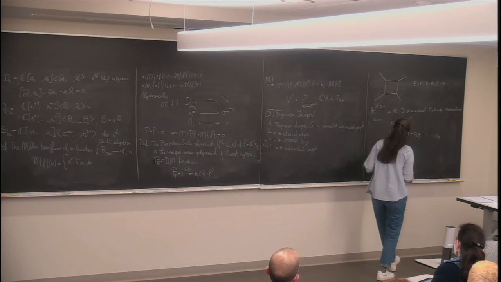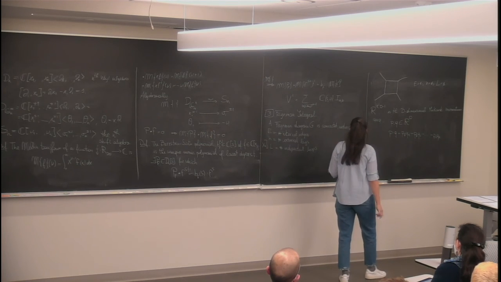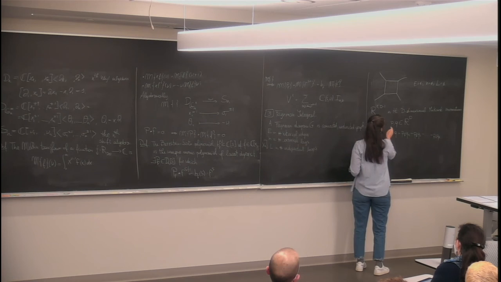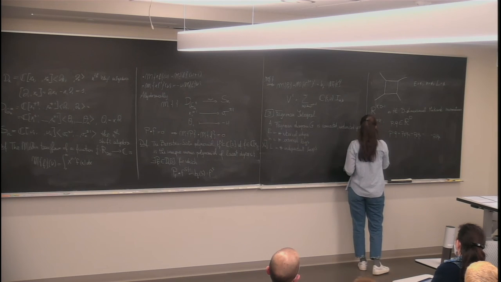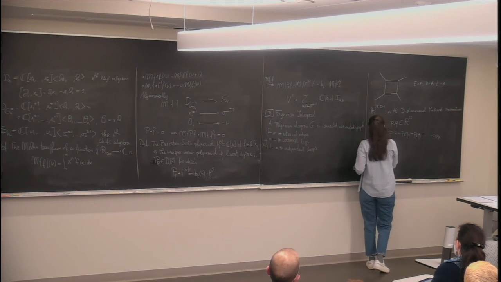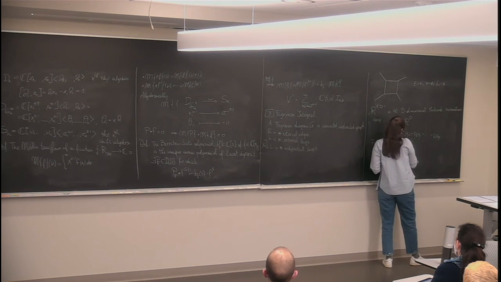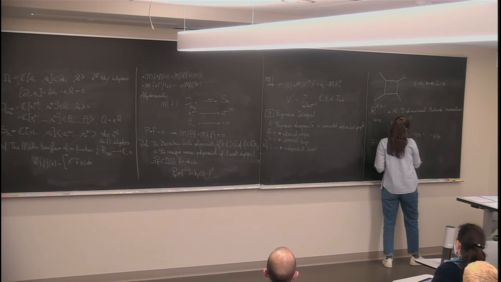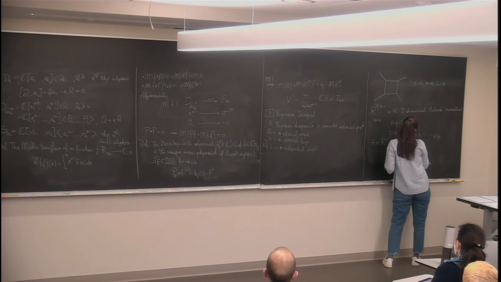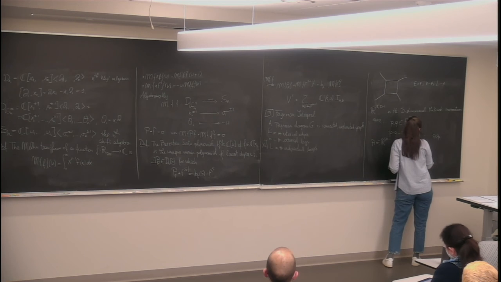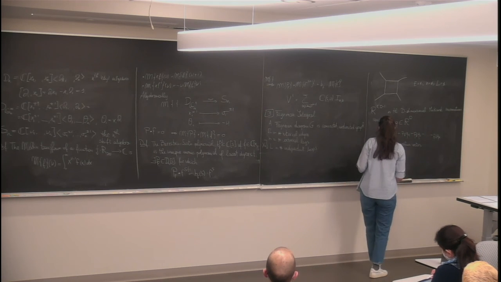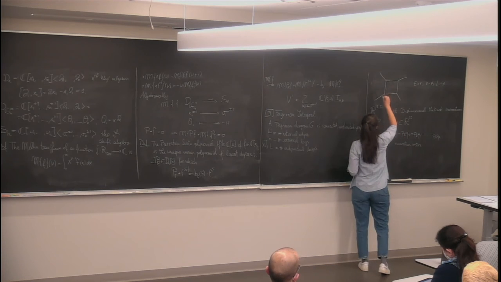And one needs to associate to the external legs vectors p_i in R^{1,d-1}, and these are called momentum vectors. So these are associated to the external legs.